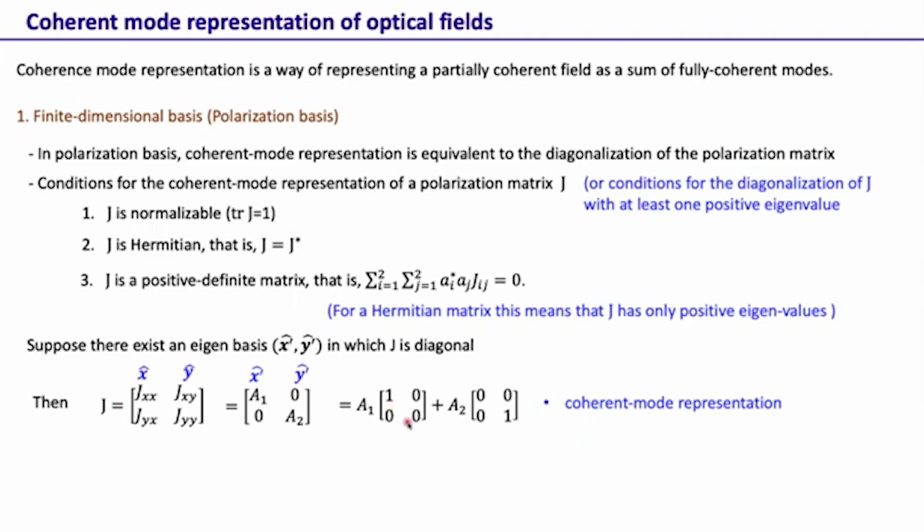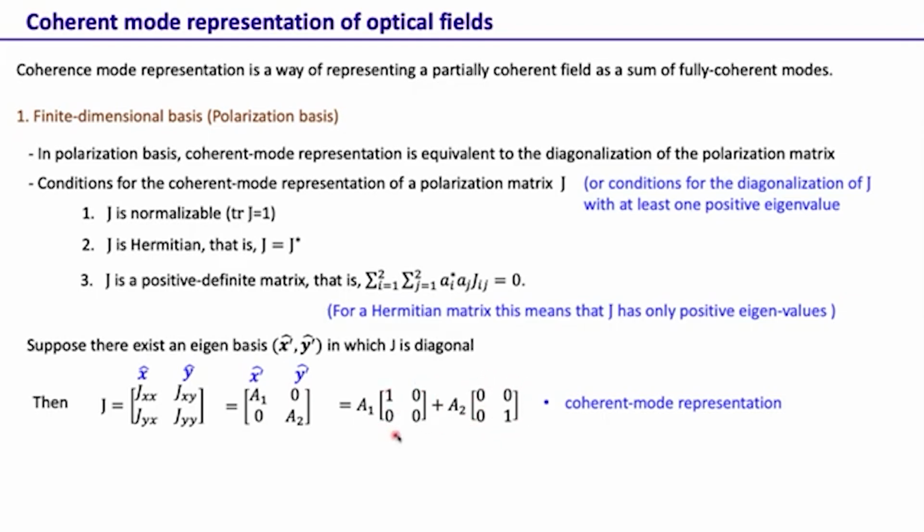Now why coherent mode representation? Because each of these is a polarization matrix corresponding to a coherent mode. We see that the determinant of this matrix is 0, the determinant of this matrix is also 0, and the diagonal entries are greater than or equal to 0. So this is a matrix representing a completely polarized field or completely coherent field. Similarly, this represents a completely coherent field.